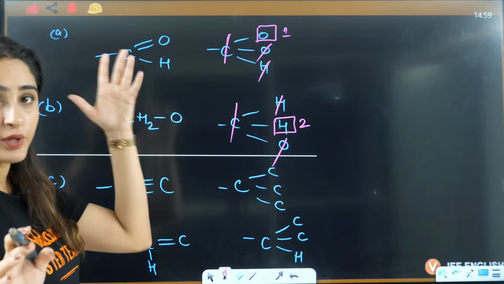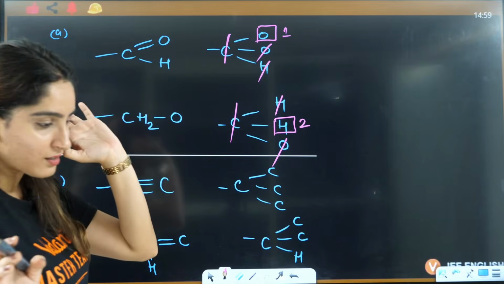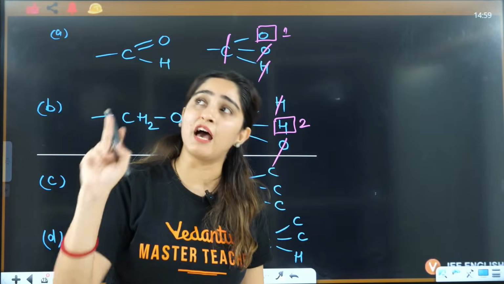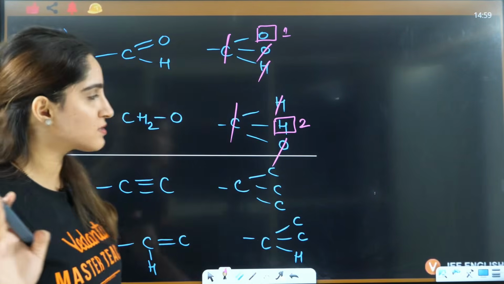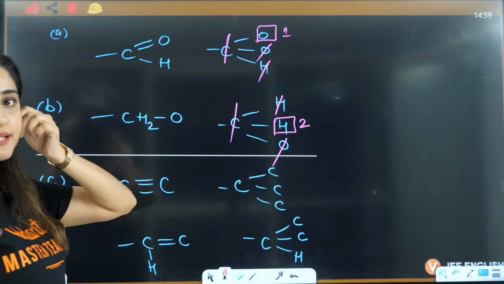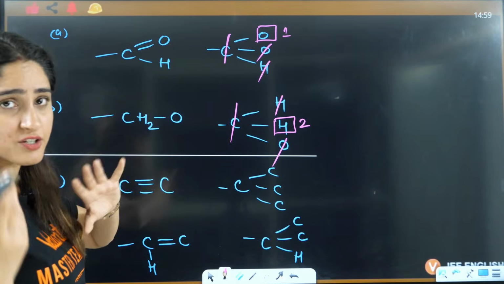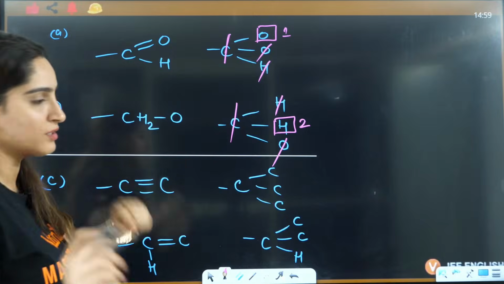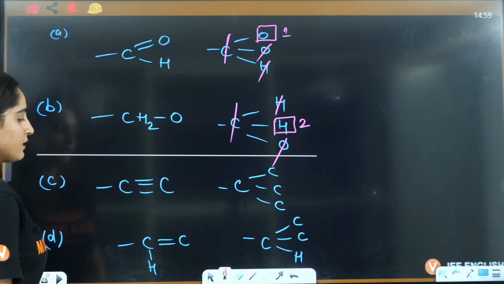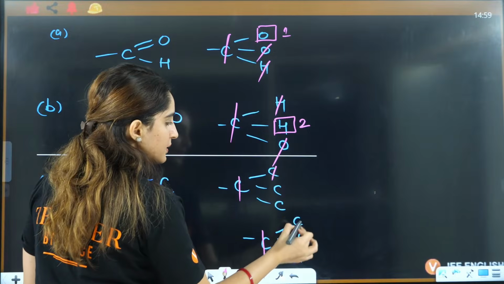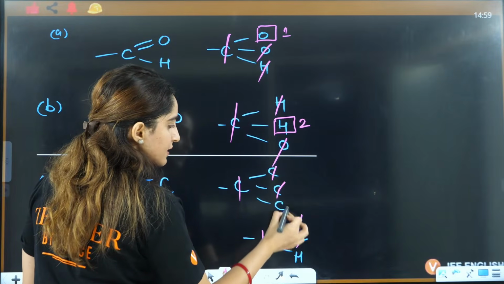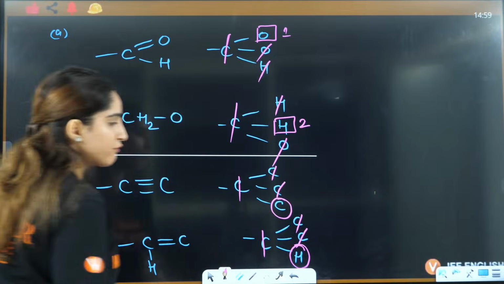Either you remember all the groups which have more priority, or you do it this way. I always prefer this way because sometimes they ask you different structures also. So if you do this way, it's better, right? Here between this and this, carbon, carbon cancel, carbon, carbon cancel, and you are left with carbon and hydrogen.